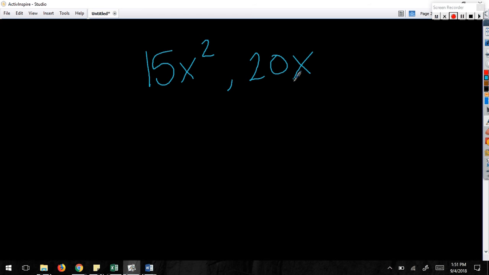What is the GCF there? 5 is part of it. Remember, think about what GCF means. It's a factor. It goes in evenly. So yes, 5. How about those variables? I got one with 2 x's and one with 1. How many could you take out of both of them evenly? 1. So it's 5x.